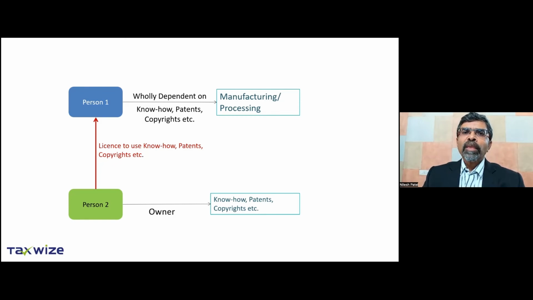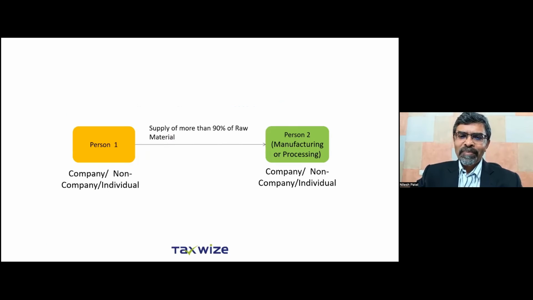Because of its dependency, person 1 and person 2 are considered as related parties because person 2 has significant influence over the business affairs of person 1. And therefore, it can be said that person 2 has control over person 1's business.